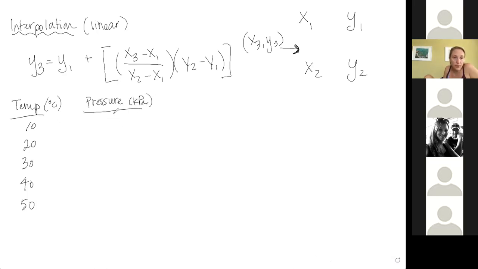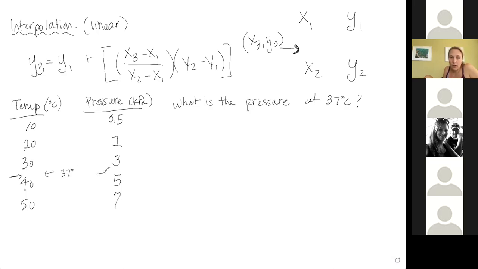For 10 degrees Celsius, it's 0.5 kilopascal, then 1 kilopascal, 3 kilopascal, 5 kilopascal, and 7 kilopascal. And we want to figure out what is the pressure at 37 degrees Celsius. So we want to figure out what is this pressure in here at 37 degrees, and what is the corresponding pressure over here.